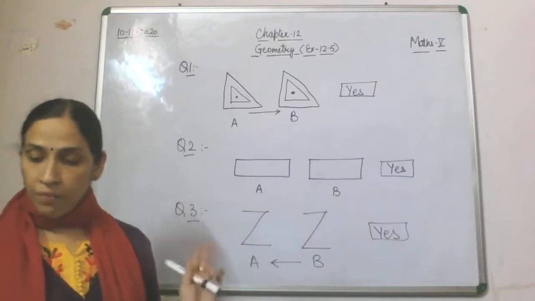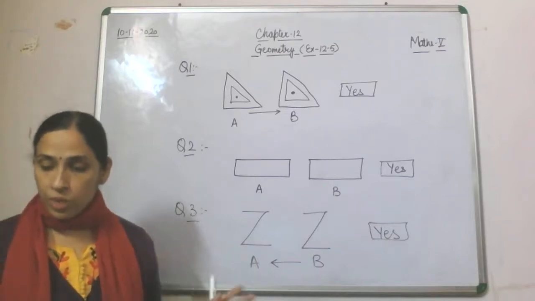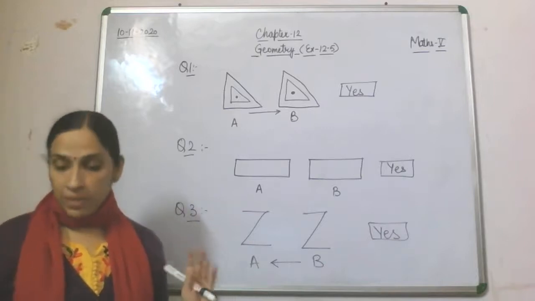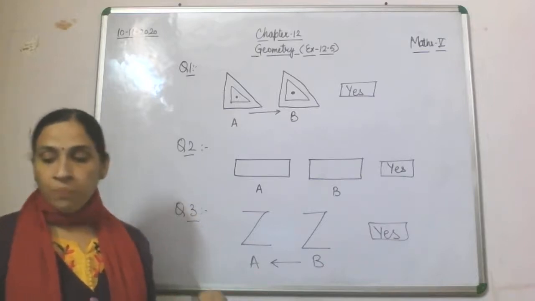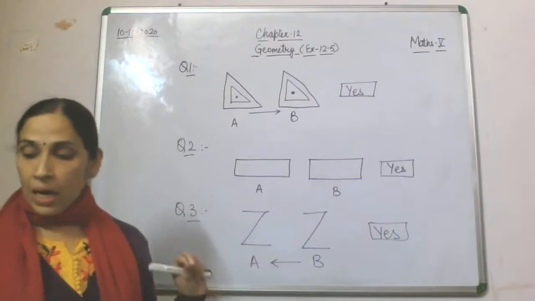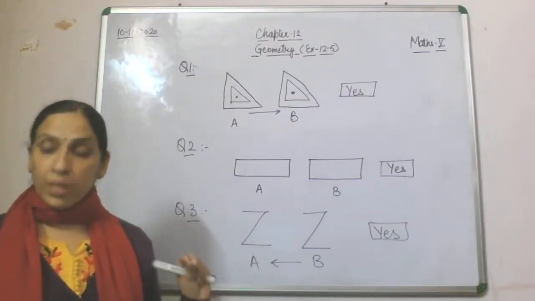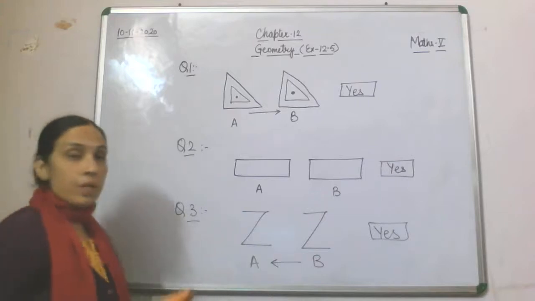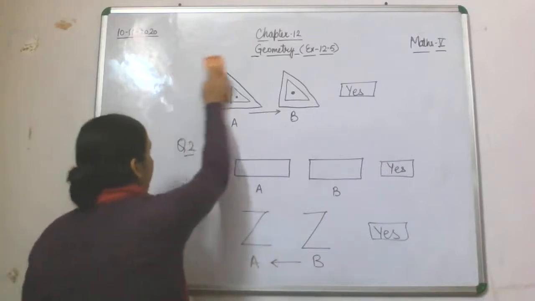Now the fifth one is also related to mirror image, and the sixth is also. So in all of 5, 6 and 7, that is related to your mirror images, and the answer in all is yes.